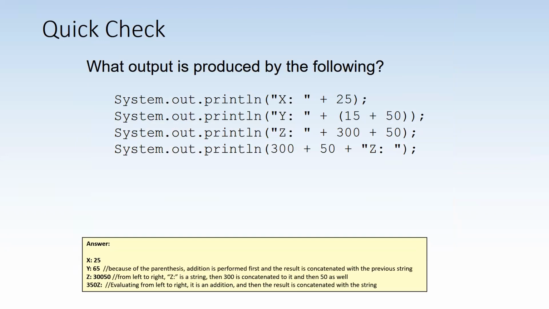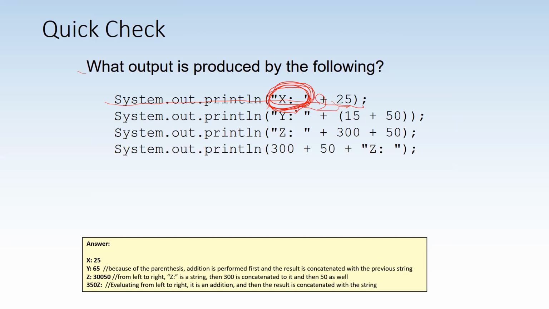So let's look at this. Okay, don't look at the answer at the end. Just train your thinking. So what is this? What do you call this? A string. A string and a string concatenation a number.